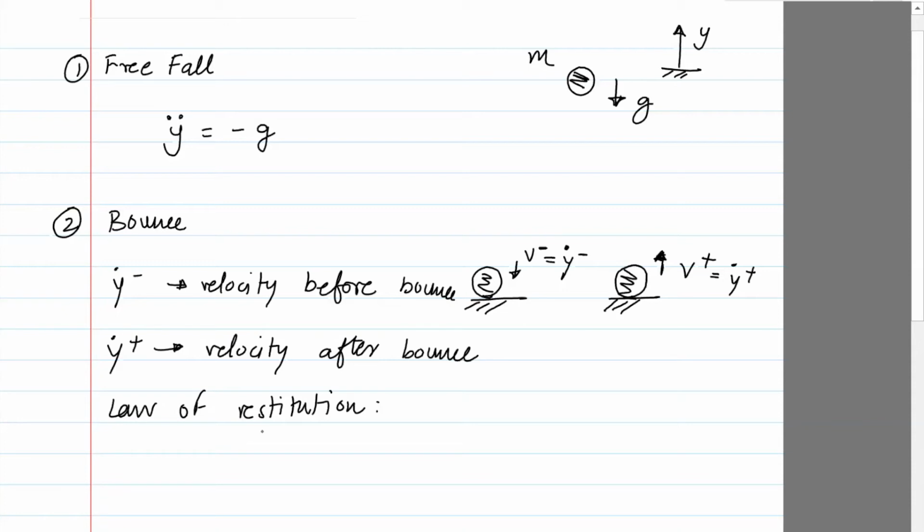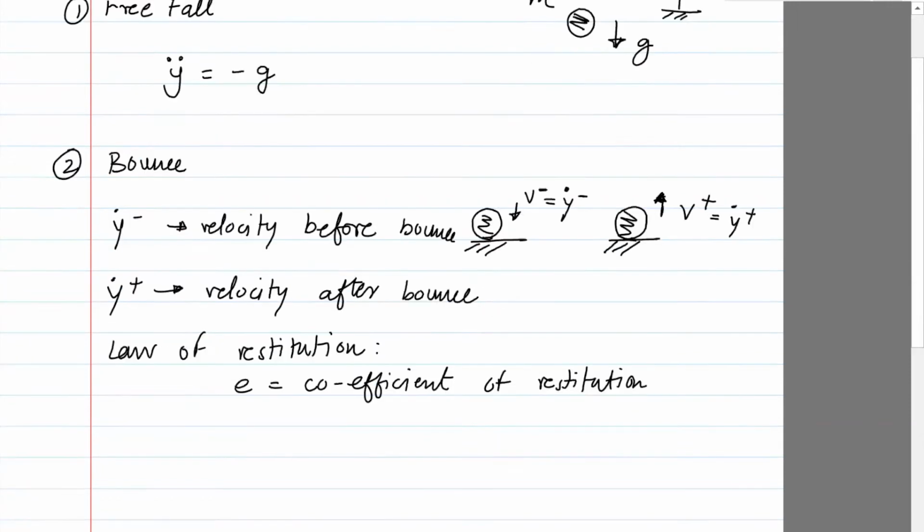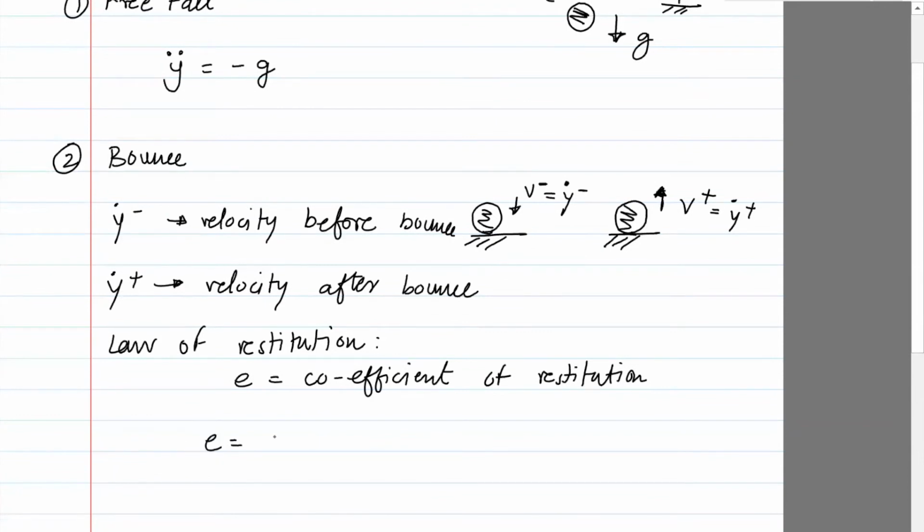There's a coefficient of restitution which relates the velocity before bounce to the velocity after bounce. So here it is, E equals the coefficient of restitution, and that's simply the velocity after bounce, y dot positive, divided by y dot negative.